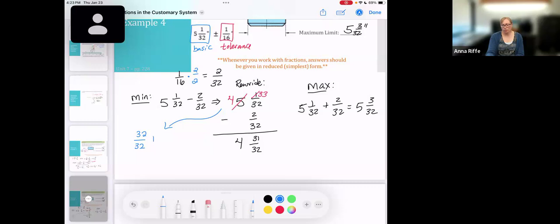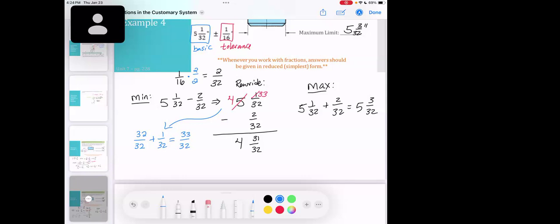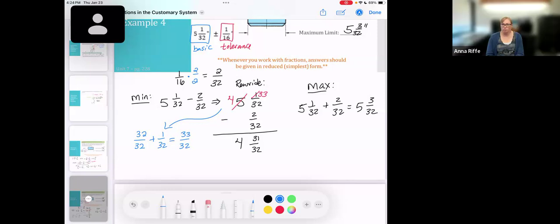But then I still have the 1/32 on the right that I can't just get rid of. If I add the 32/32 plus 1/32, that gives me 33/32. So that's my fraction on the right. Does that make sense? Yeah. Okay, awesome. Thank you. You're welcome.